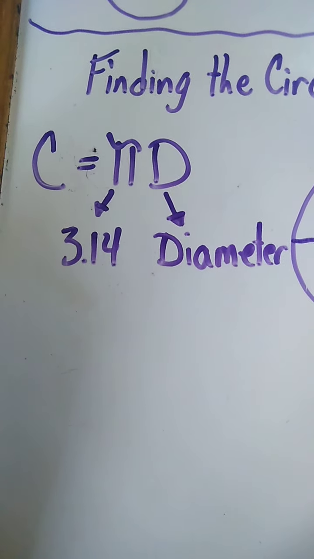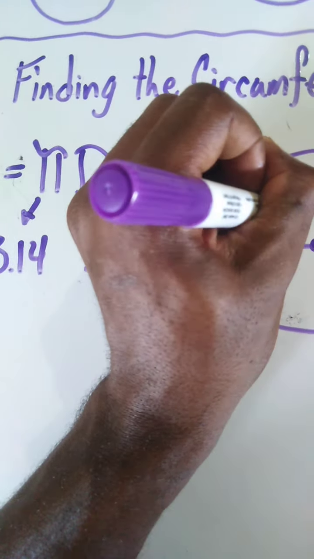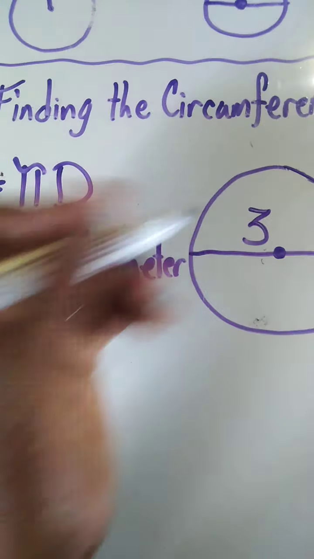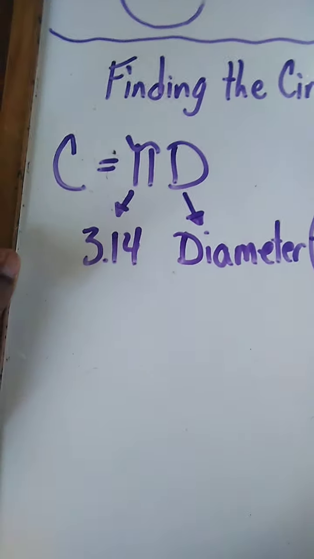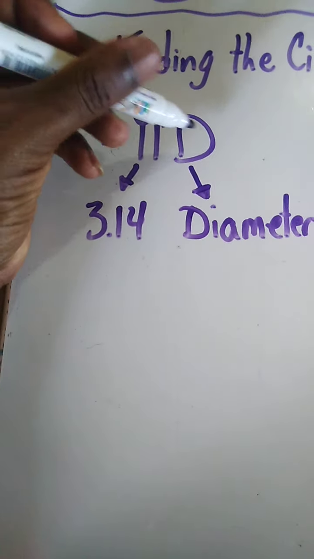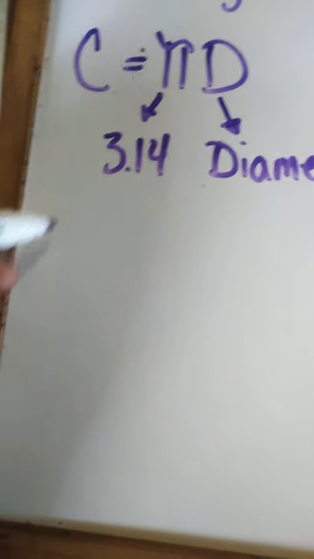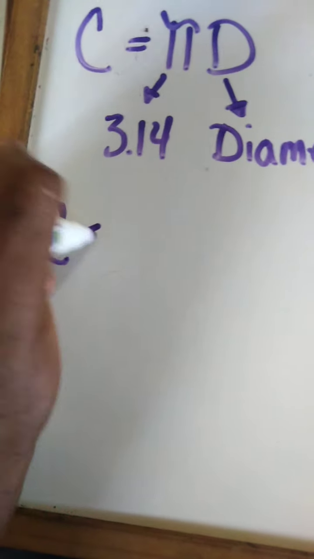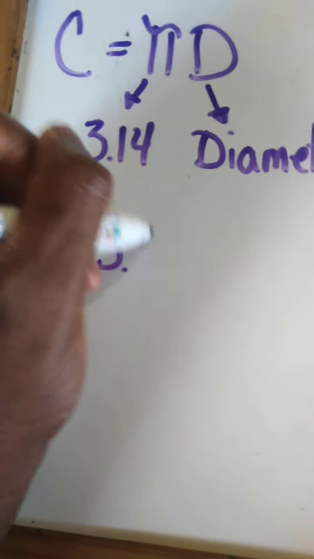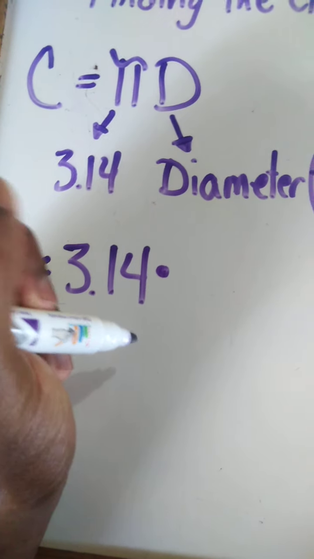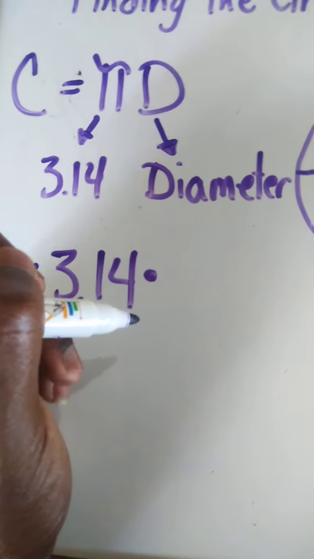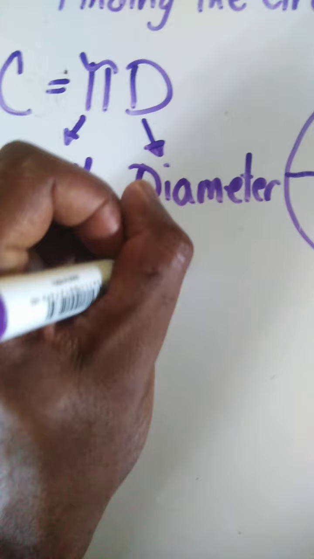Let's say in this case, the diameter is going to be 3. It could be 3 inches, 3 millimeters, 3 meters, whichever. Again, I'm just going to plug the numbers in. We're going to have C equals 3.14 times, remember when two symbols are next to each other, that means multiply, 3.